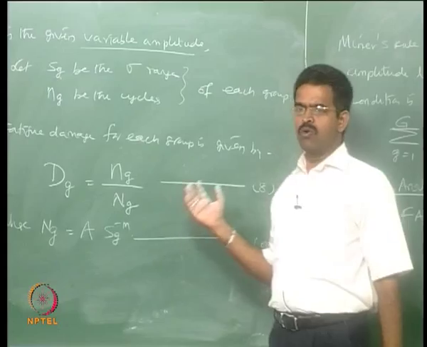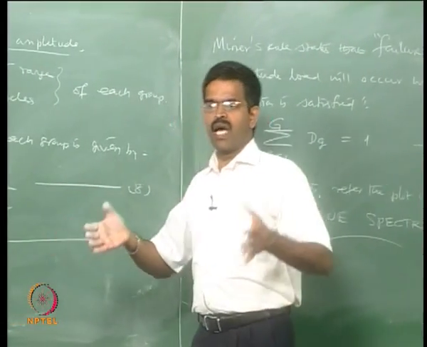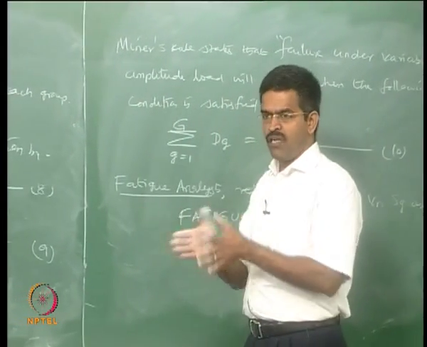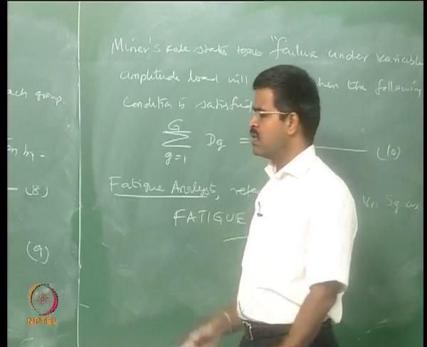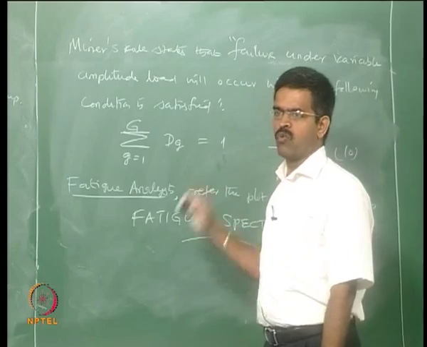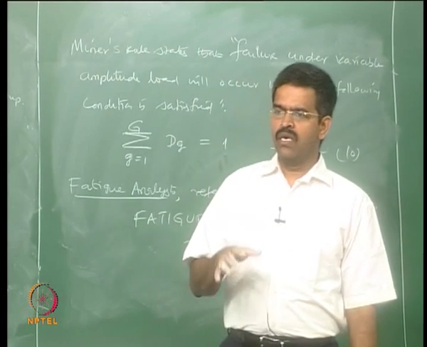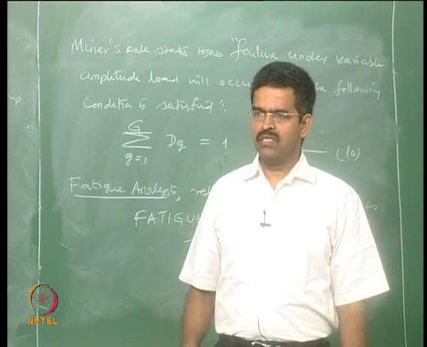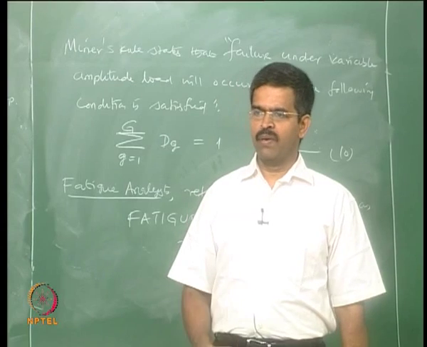If you really want to know the fatigue damage of the entire structure, which has different such groups, then you have to fulfill this condition. If this comes to around 1 or closer to 1, it is sure that these groups of stress ranges will result in fatigue damage of the member.